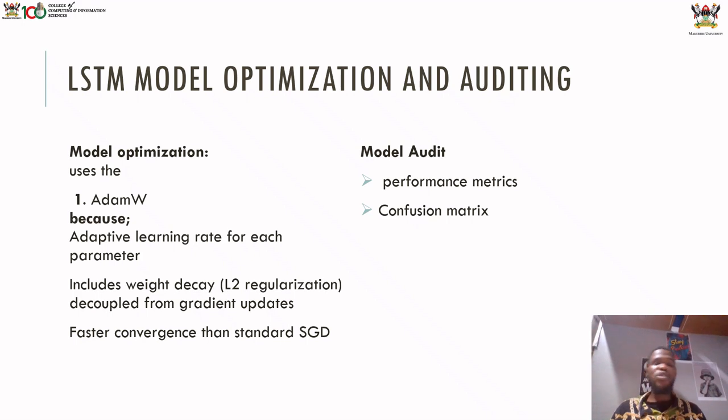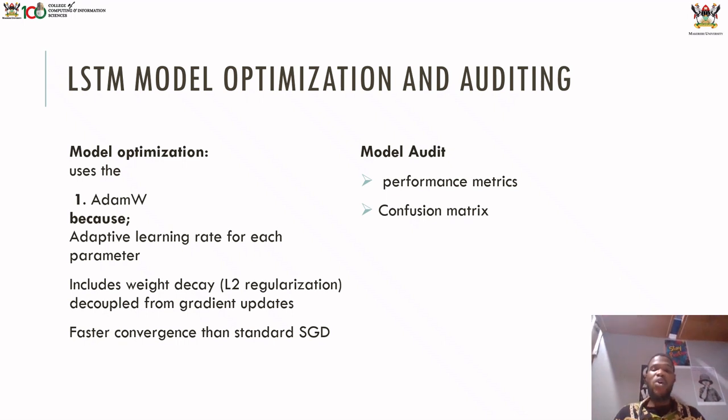Then we have model optimization, where we use AdamW, which deals with adaptive learning rate, right? We talked about this in the previous model. And then of course there's faster convergence. Here the model learns a bit faster because there is high convergence when it comes to the AdamW optimizer.